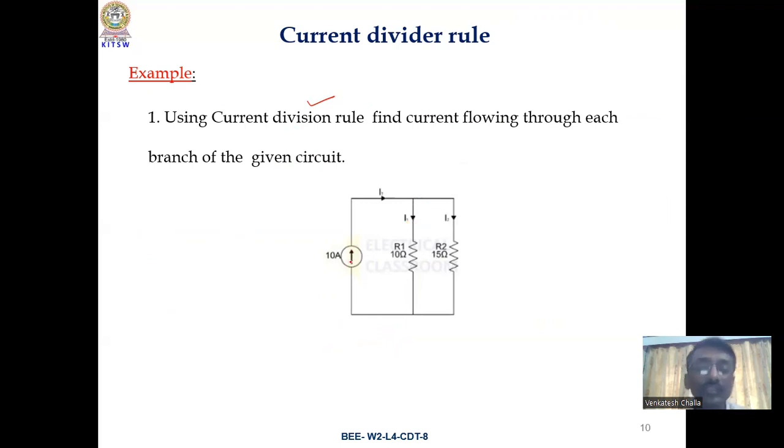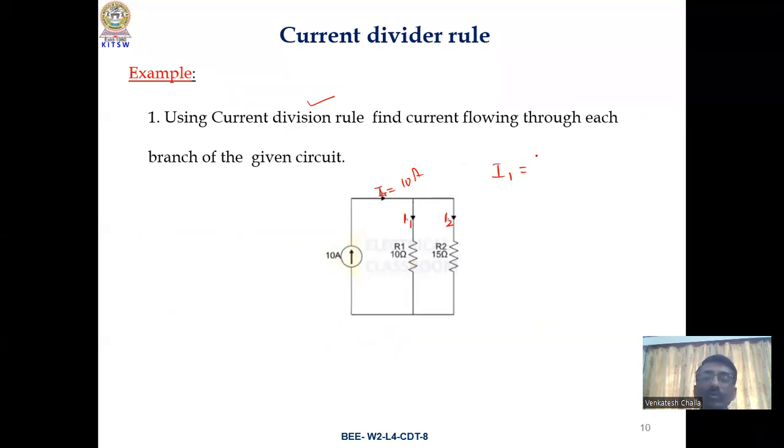Here this one is a current source. It is giving a current of 10 amperes. So this total current IT will be equal to 10 amperes, and this divides into I1 and I2. As per the current divider rule, what will be I1?